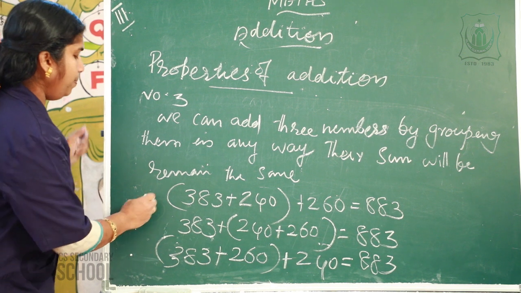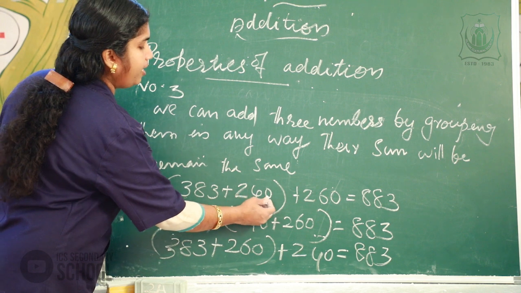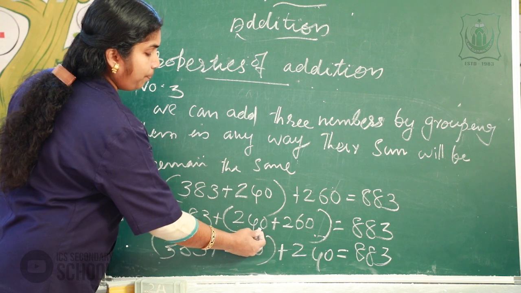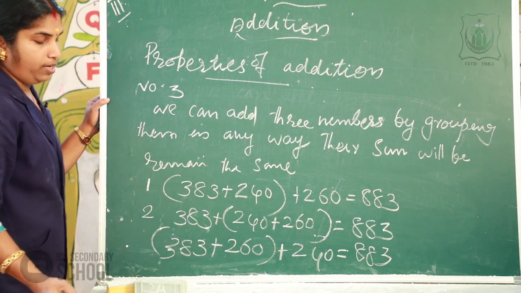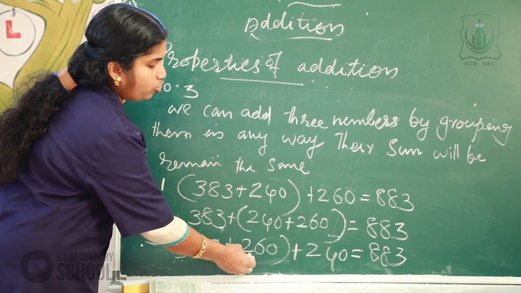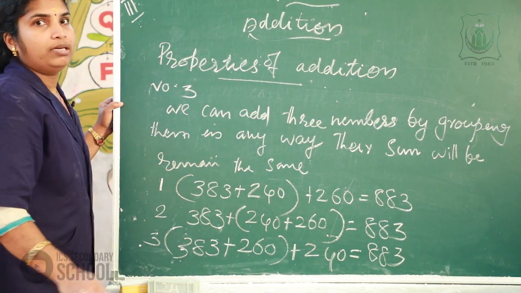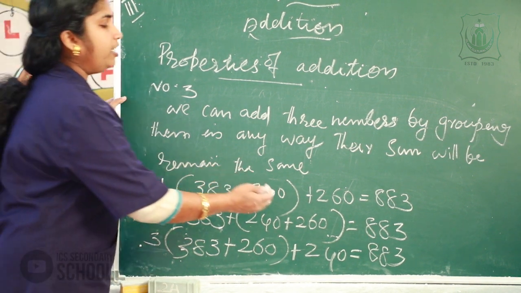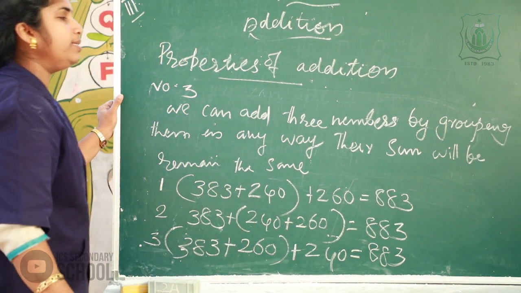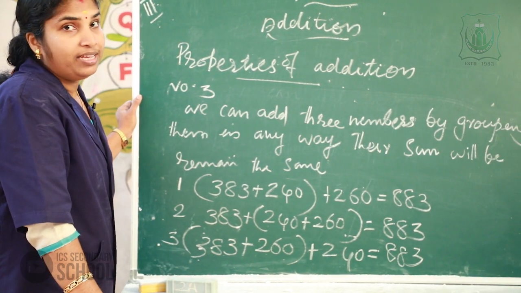In the first problem, the grouping numbers are 383 plus 240. In the second problem, the grouping numbers are 240 plus 260. In the third problem, the grouping numbers are 383 plus 260. Here we change the grouping order but the answers do not change. The sum of the numbers remains the same.